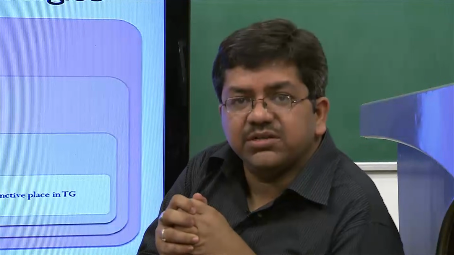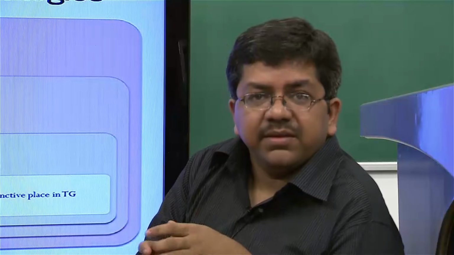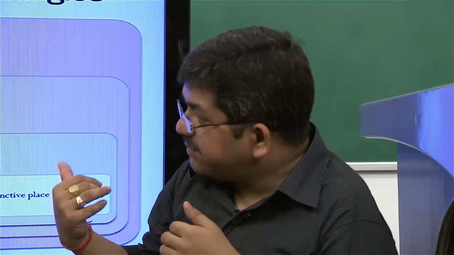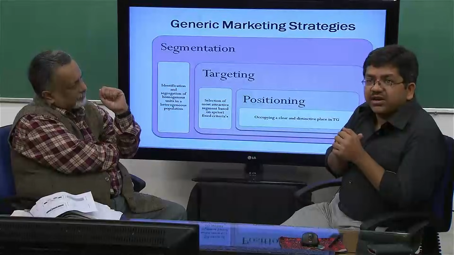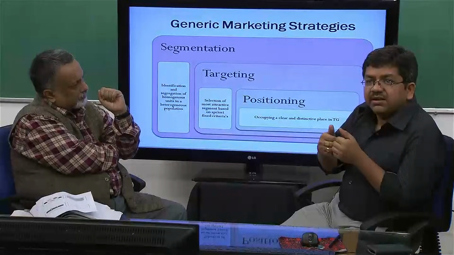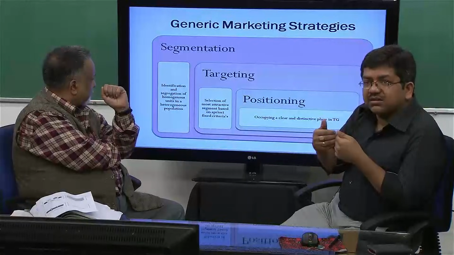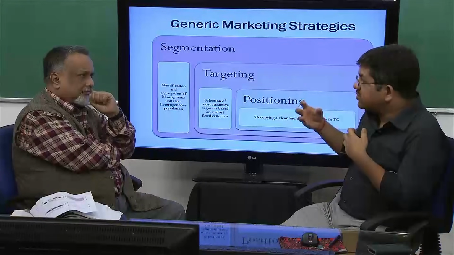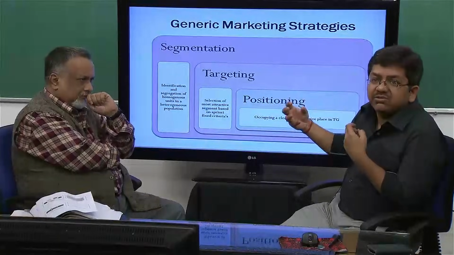When you segment the market, the next thing you do is have a priori set of criteria for any organization, based on which you select or judge the most attractive customer segment that you choose.